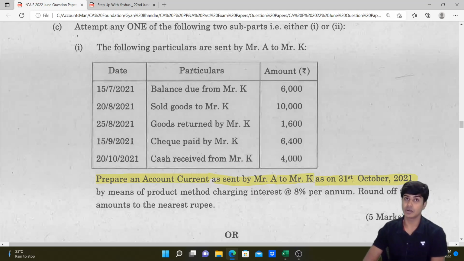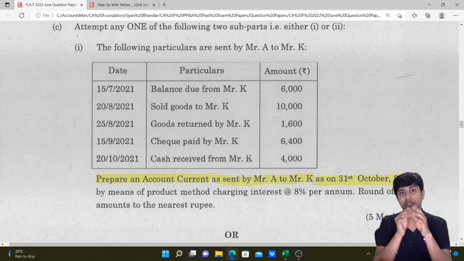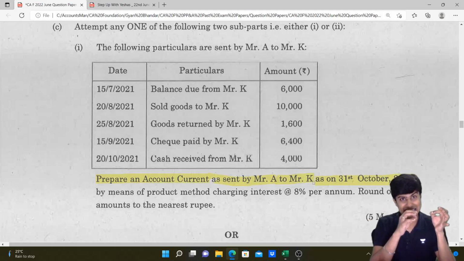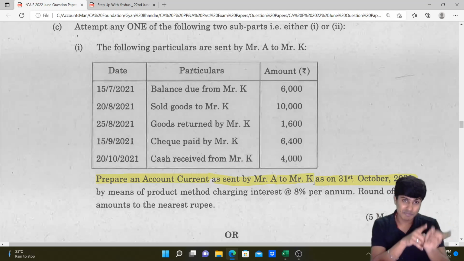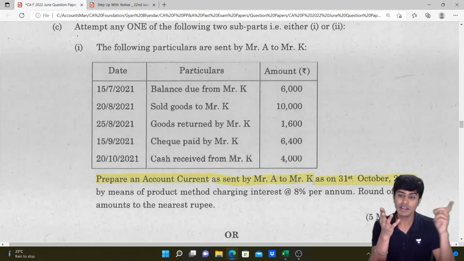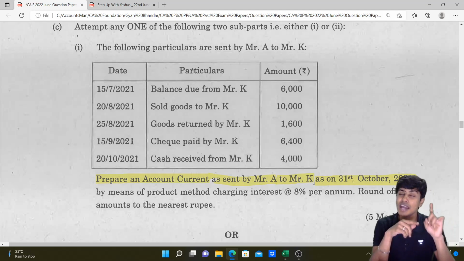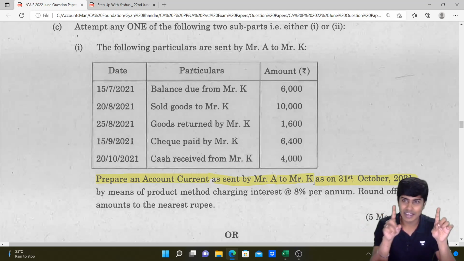And when we prepare this account current, what we need to keep in our mind is who is the sender, who is the receiver. You remember, I told you how to remember the name of the account current. It is receiver in account current with sender. If you remember the alphabets, R for receiver, S for sender.